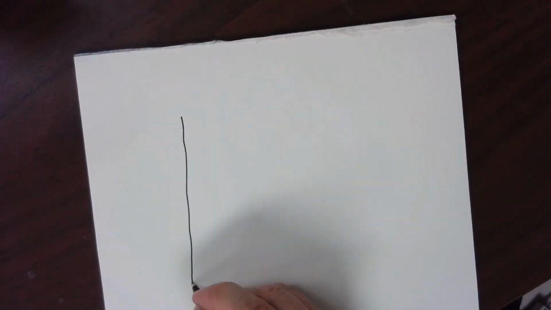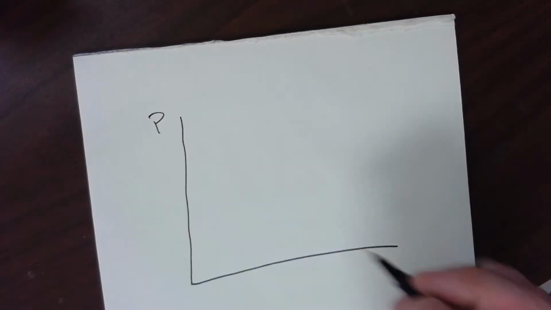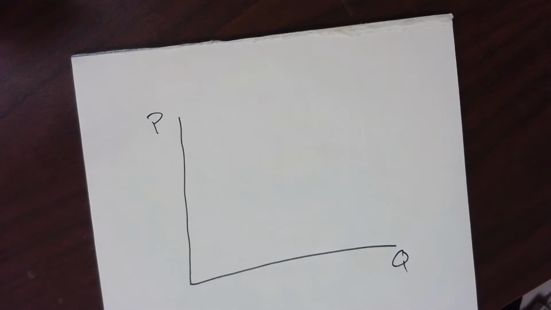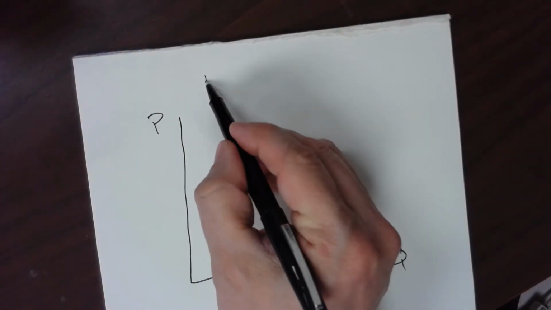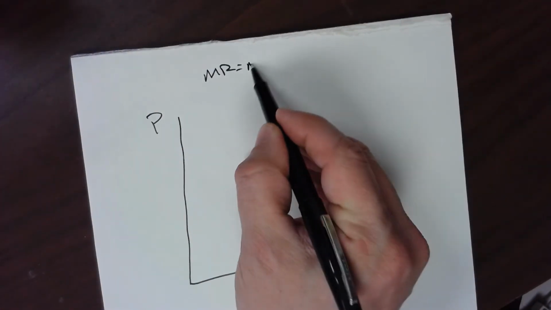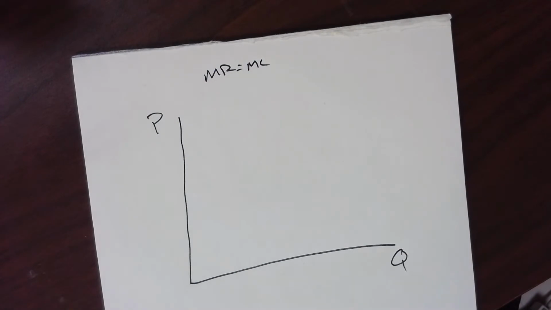So we draw our initial curves as always. And if you recall, we still have the marginal revenue equals marginal cost rule to help us figure out what level we should be producing at.